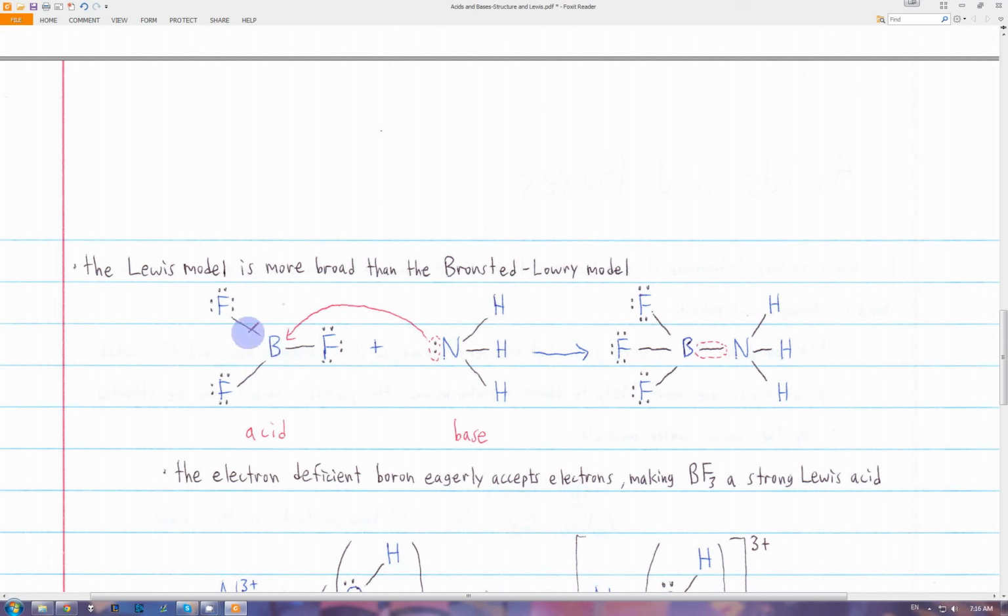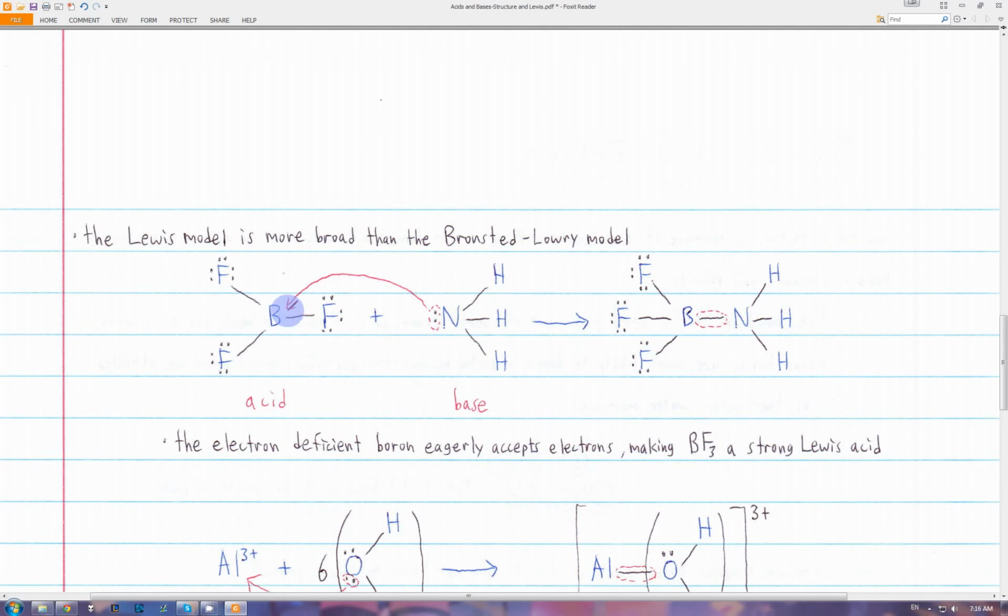It only has 6 electrons around it. So it has an empty orbital, and it can accept an electron pair from the lone pair on the nitrogen in ammonia. So this acts as a Lewis acid, and this acts as a Lewis base. So again, the Lewis base uses its lone pair to forge a covalent bond with the electron deficient atom in the Lewis acid.